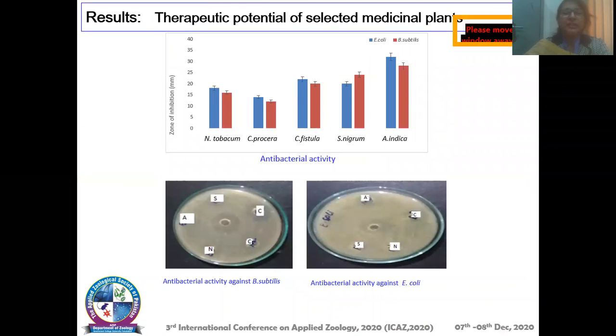It is clear in this slide that these bioactive components were extracted from different medicinal plants. They exhibited antimicrobial potential, and maximum antibacterial activity was exhibited by the bioactive components of Azadirachta indica.